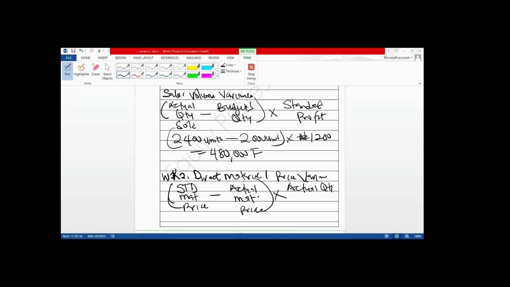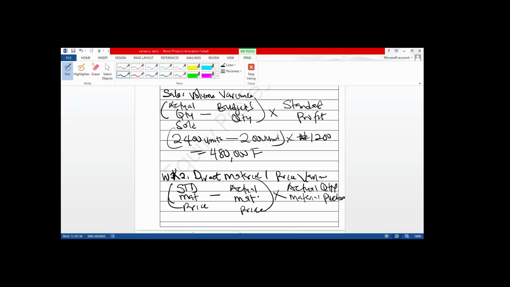So actual quantity of material purchased. Now, the material purchase is in liter, so the price you are going to pick is in liter.